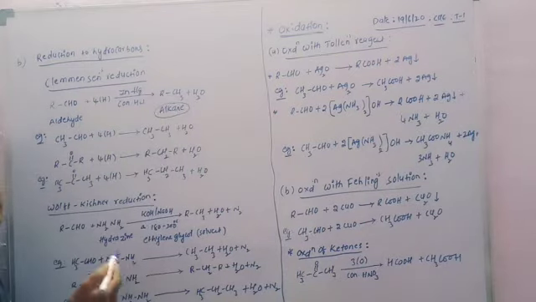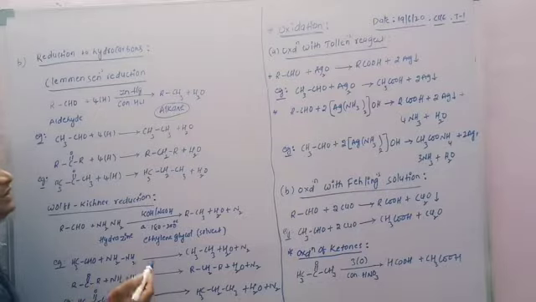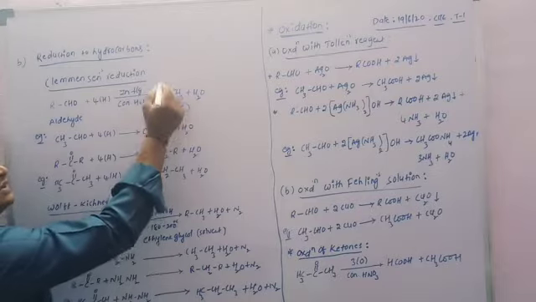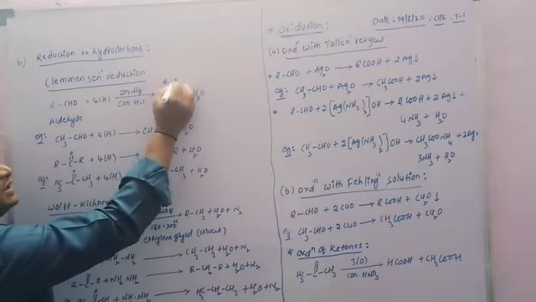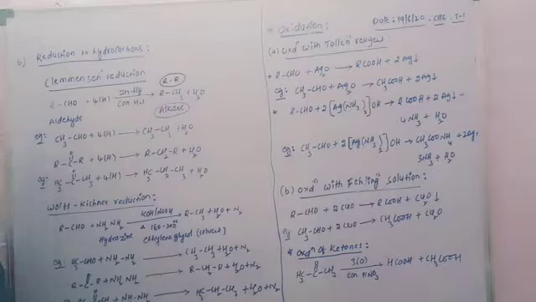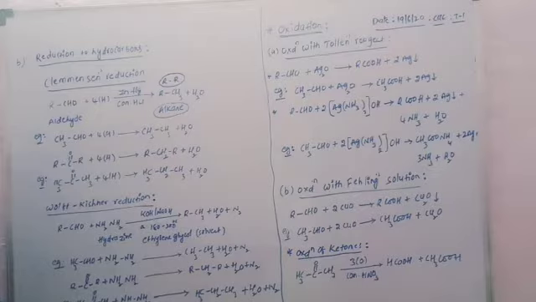Alkyl means, for example, methyl, ethyl, propyl, any of them. So R-R, alkyl, gives an alkane, and the alkane is a saturated hydrocarbon.